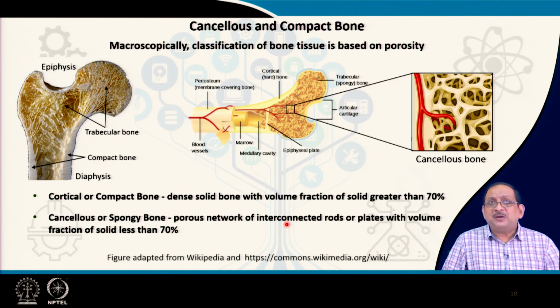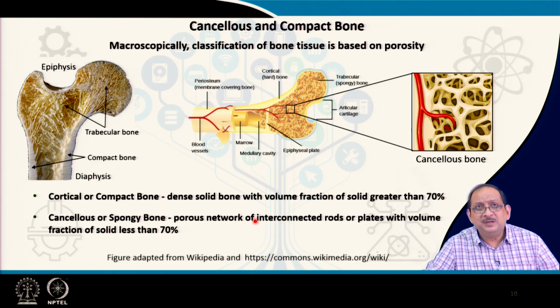Bone can be macroscopically classified based on porosity. So, you can see the figure on the left, which is a coronal section through the femur.